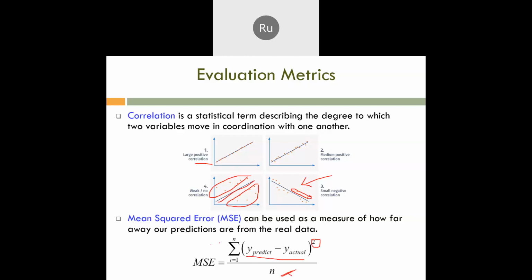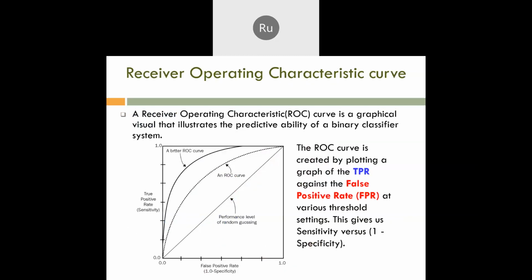You will learn this later on. This is used to measure the quality of your model, which depends on the true positive and also the false positive. Later on, you will study this one also. This is just to give you an overview.